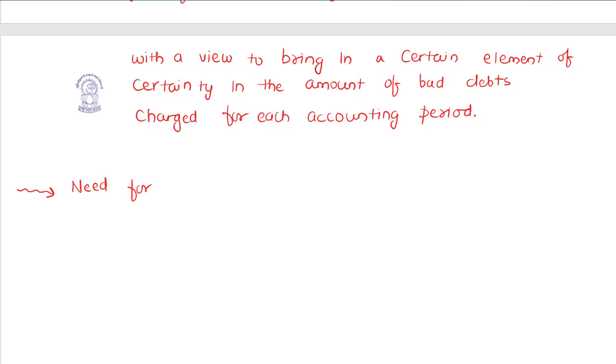Need for provision for discount on debtors. All of you must have seen this in the statement of financial position, that is the balance sheet. Provision for discount on debtors. What is provision for discount on debtors?